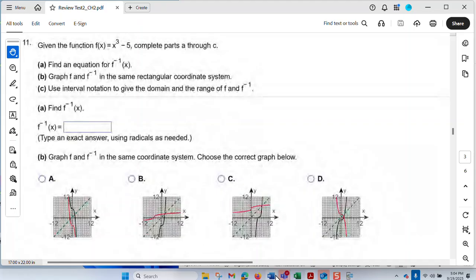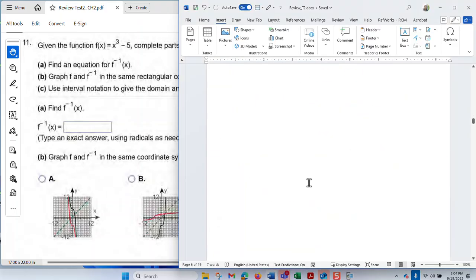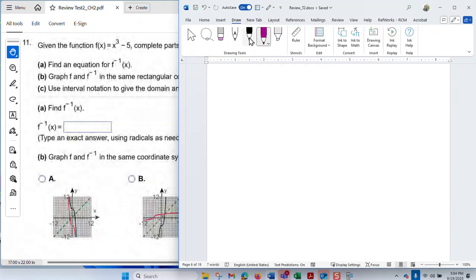If you remember the steps we had earlier, step 1, we write down y for f of x. So this will be y equal to x cubed minus 5. And then we switch x and y, so x becomes y. Then we solve for y.